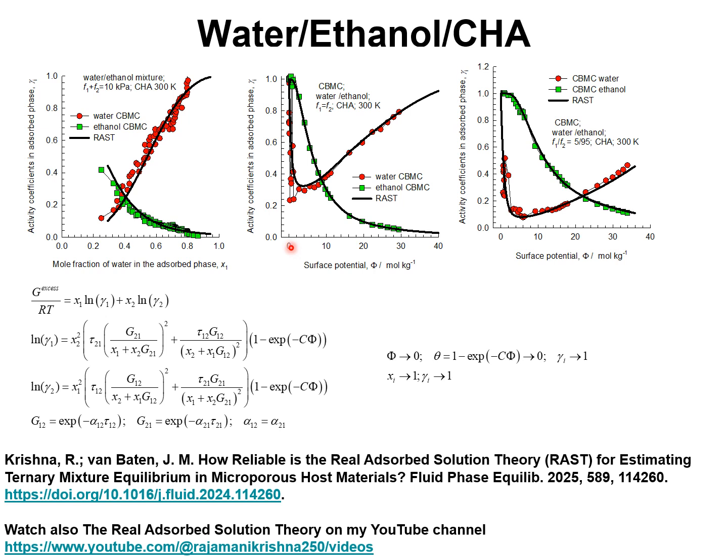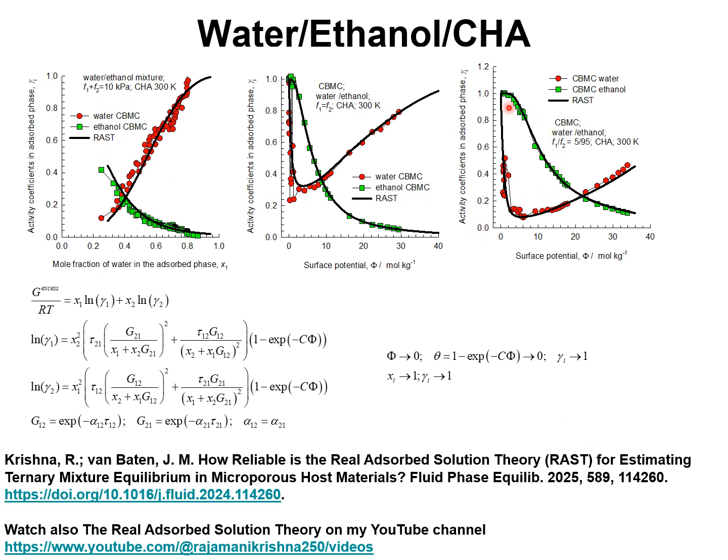A surface potential of 0 corresponds to infinitely dilute components 1 and 2 in the mixture, and the activity coefficients in such cases must be unity for both components. So we must have the limiting scenario as phi tends to 0, gamma i tends to unity for both components.